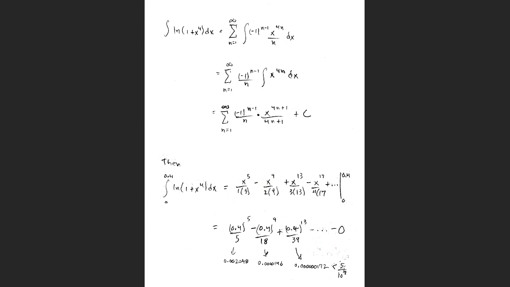So the alternating series estimation theorem tells you that, well, first of all, we want an answer correct to how many decimal places? 6.